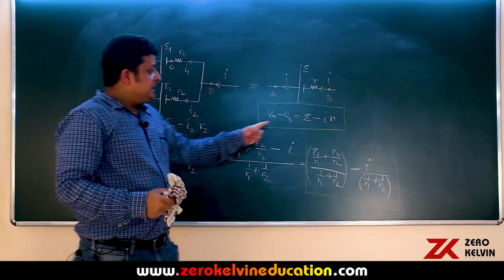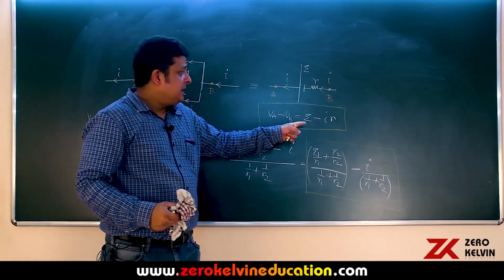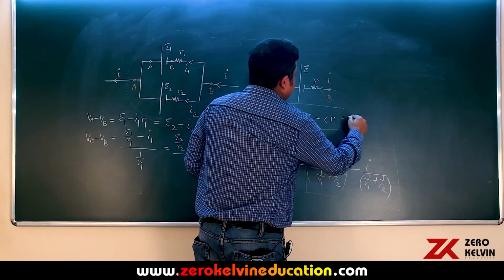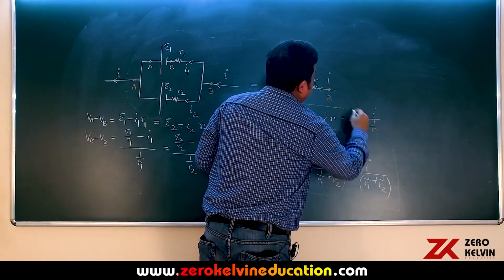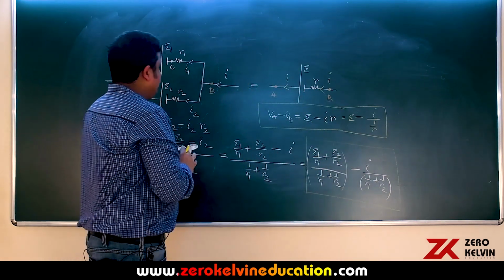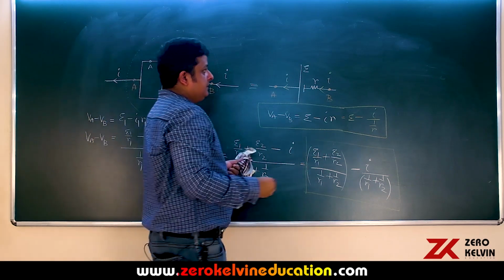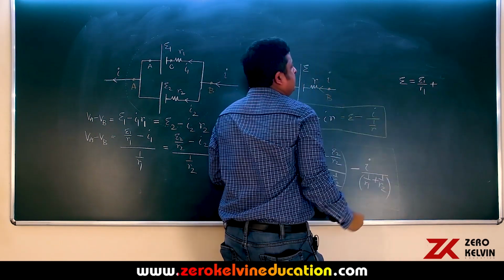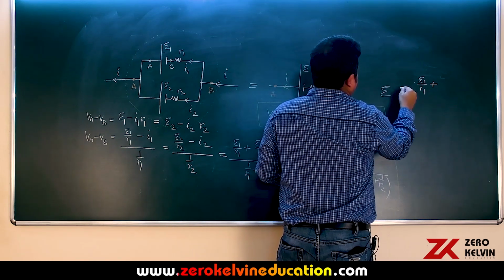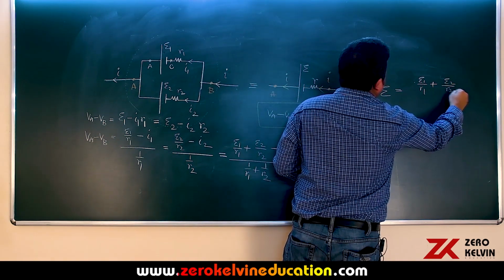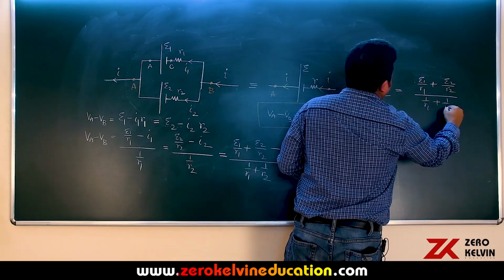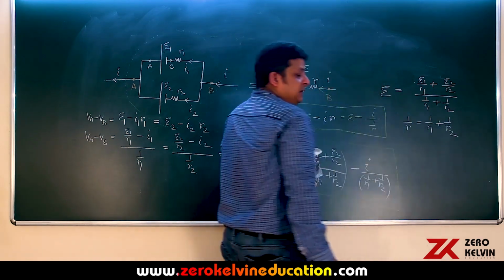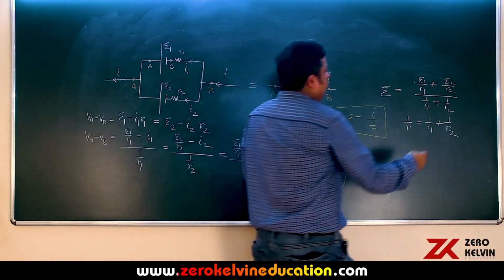So, after comparing we get E is equal to this whole term and 1 upon R is this, because you can write this as E minus I divided by 1 upon R. So, after comparing you get E is equal to E1 by R1 plus E2 by R2 divided by 1 by R1 plus 1 by R2, and 1 upon R is 1 upon R1 plus 1 upon R2. So, that is the formula we get.